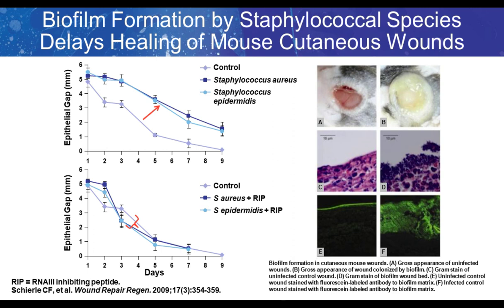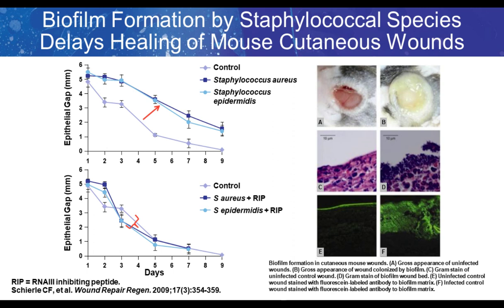Prove that it is the formation of the biofilm and the inflammation caused by the biofilm that's actually responsible for that delay in healing. So in the lower graph panel, what they did was really critical because they repeated the experiment, but they also simultaneously treated the planktonic bacteria with an inhibitor of the quorum sensing system.